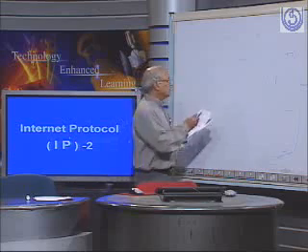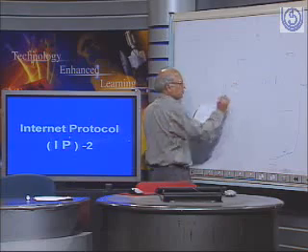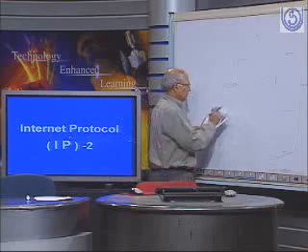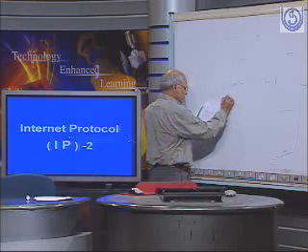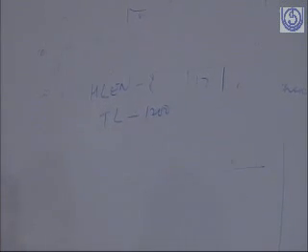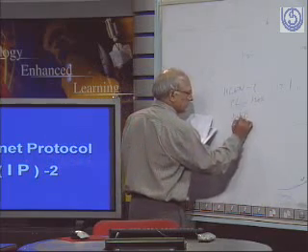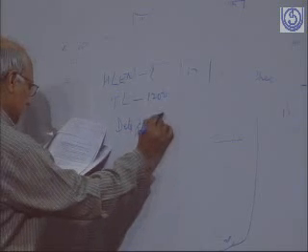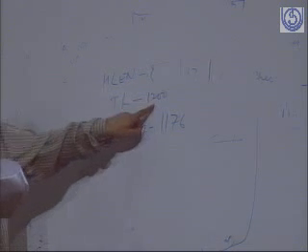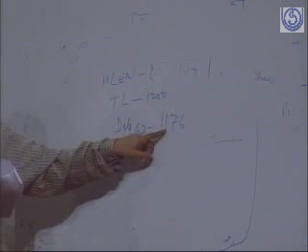This is one of the most frequent questions we ask: given the header length HLEN, you have to calculate it, and what is given to you is that the total length of your IP datagram is 1200 bytes, and the size of the data field is, let's say, 1176 bytes.